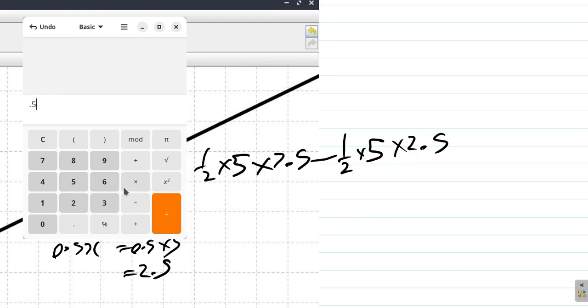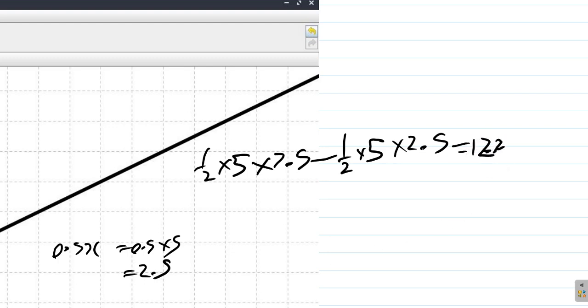Half, which is 0.5, times 5 times 7.5, minus 0.5 times 5 times 2.5 equals, I get 12.5, right?